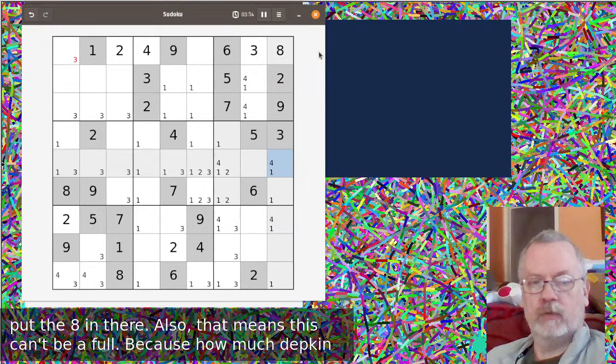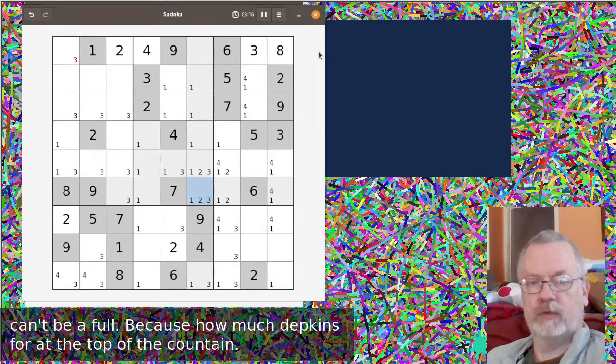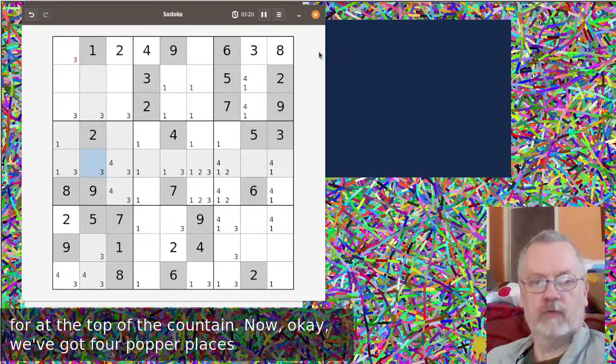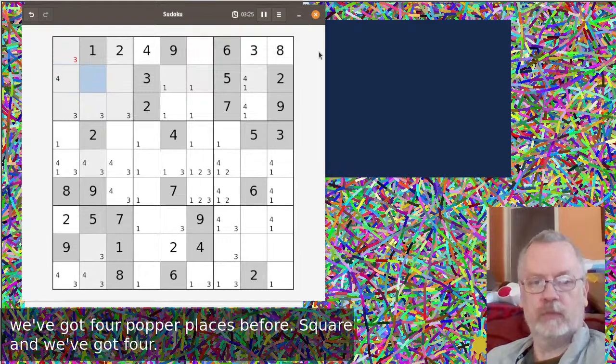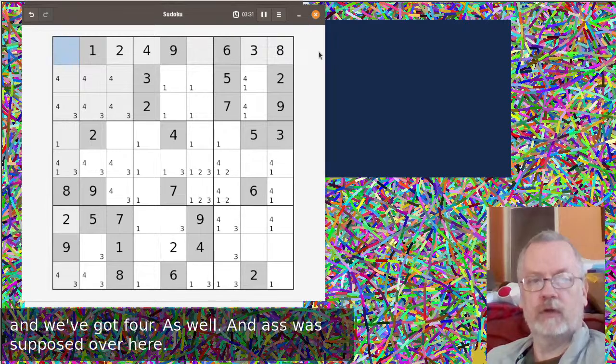We've got 4 possible places for 4s in this square, and we've got 4 possible here, and then 6 possibles here. Not a lot constraining that. Oh, we can take out that possible 3 because that can't be 3 now.